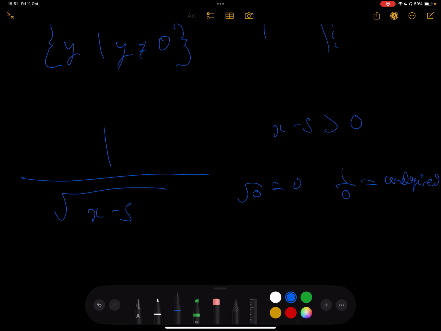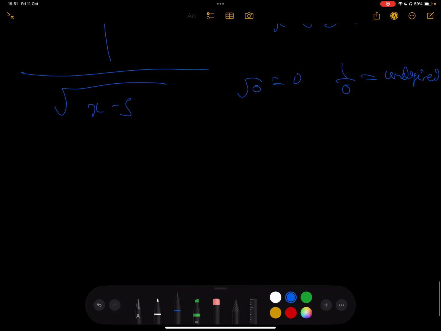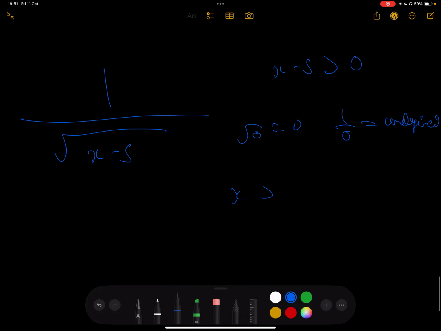Therefore, it cannot be equal to 0. And also, it has to be greater than 0. Why? Because the square root of a negative number results in an imaginary or complex number being found. So, the domain is x has to be greater than 5. So we write x greater than 5.